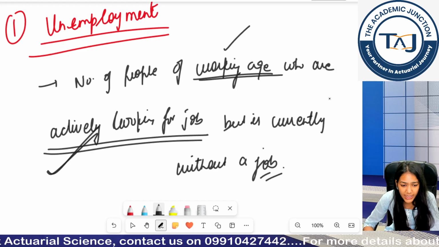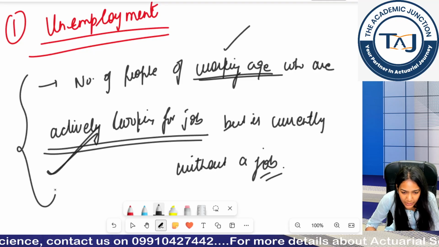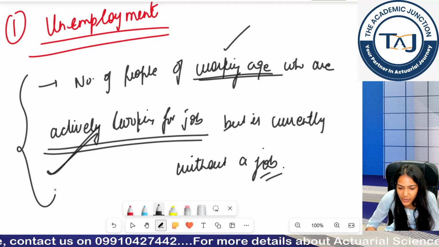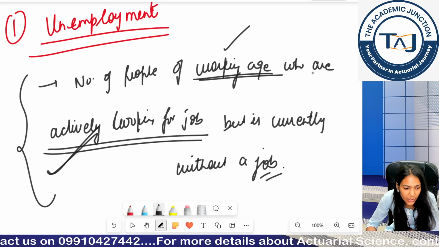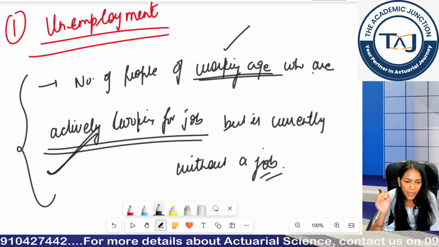Is the definition clear? This is one of the good definitions of unemployment that involves the keywords and helps you identify whether the person is unemployed or not. Give me a yes if this unemployment definition is clear.